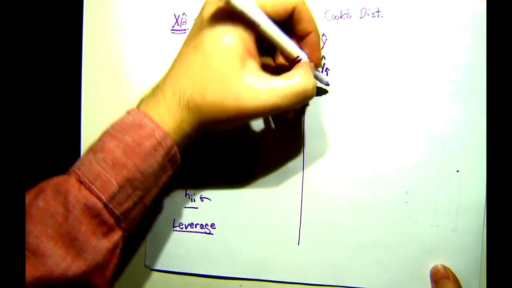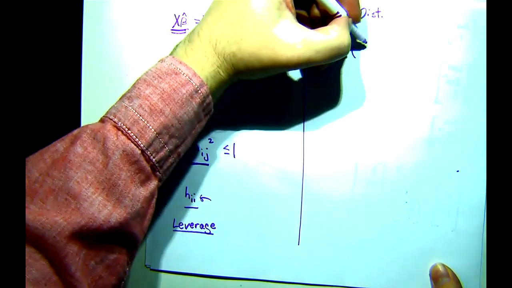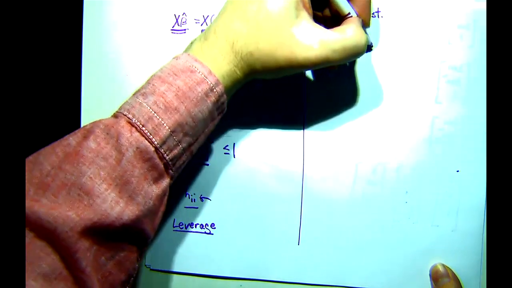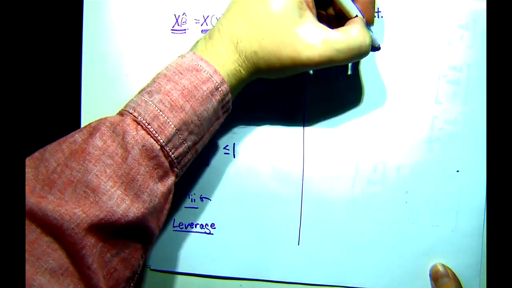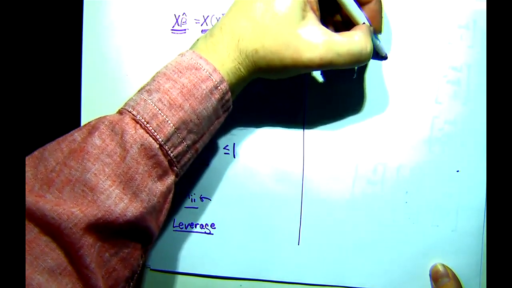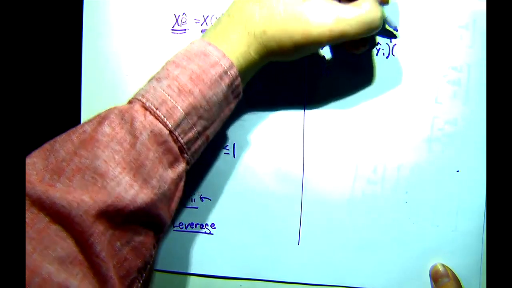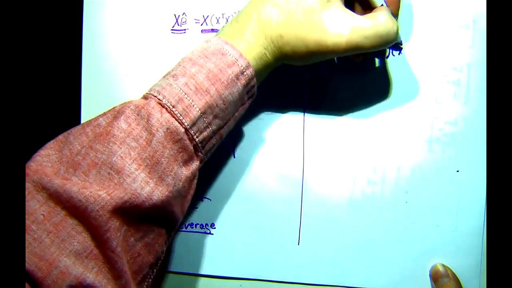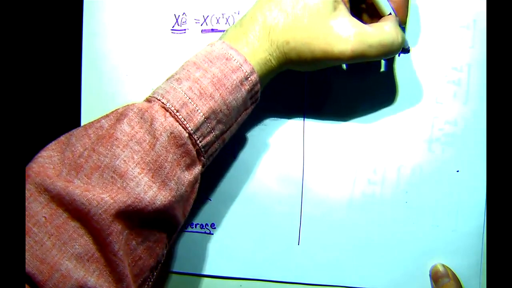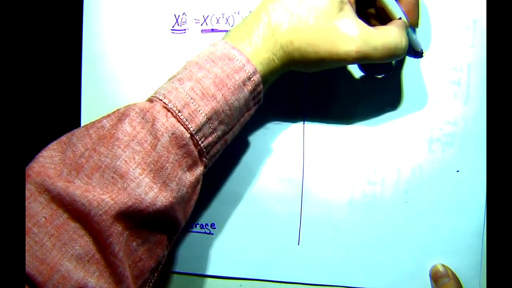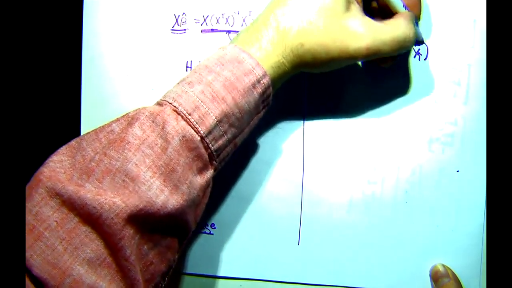Then we can look at the difference between these two things, and we can square it because we square everything in here to find the difference.